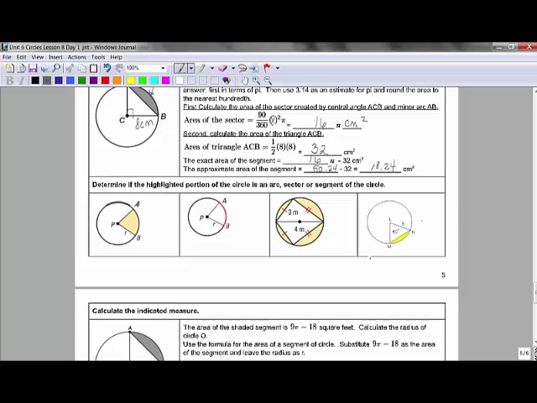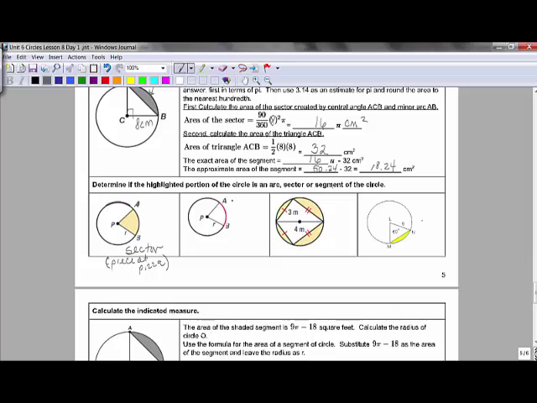Okay, so before we go on and do a couple more of those, we want to just make sure we understand the different components we're looking at. So let's identify whether we have a sector of a circle, a segment of the circle, or an arc of the circle. I look here, this is clearly a sector. It's inside a piece of pizza. So you want to think of a piece of pizza, the whole thing.